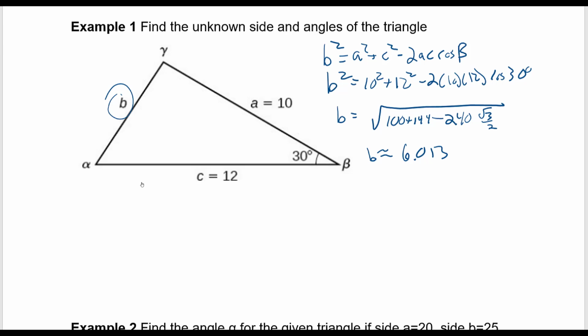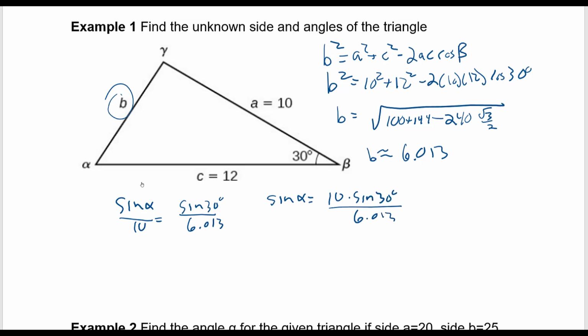So we'll go with sine of alpha over 10 equals sine of 30 degrees over 6.013. So our sine of alpha is going to be equal to 10 times sine of 30 degrees divided by 6.013.